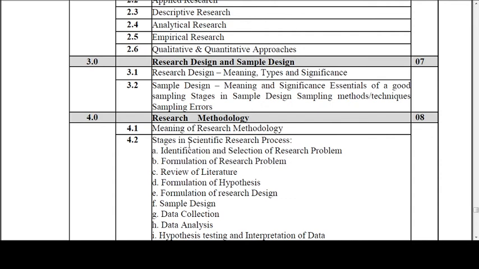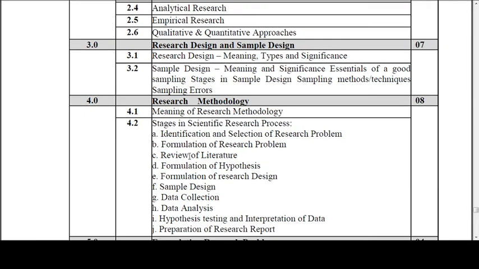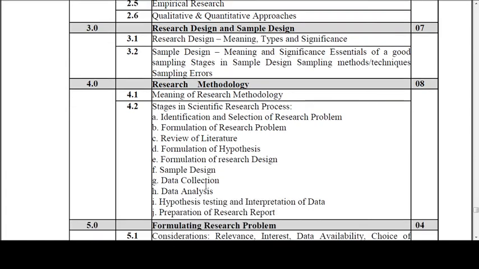Then stages in the scientific research process, sequentially: identification and selection of research problem, formulation of research problem, review of literature, formulation of hypothesis, formulation of research design, sample design, data collection, data analysis, hypothesis testing, interpretation of data, and preparation of research report.